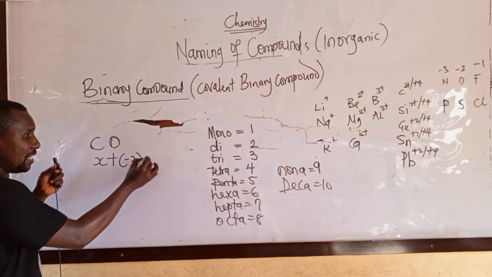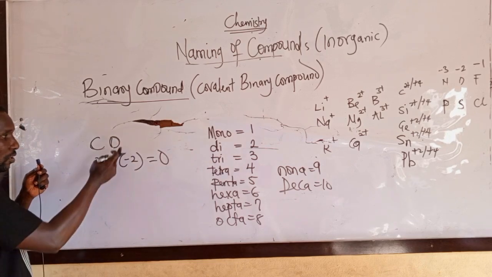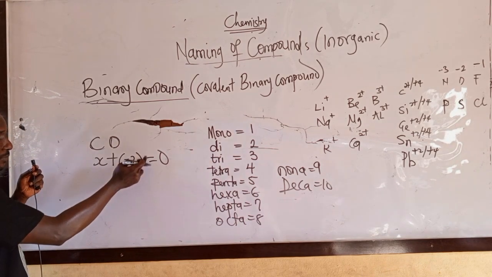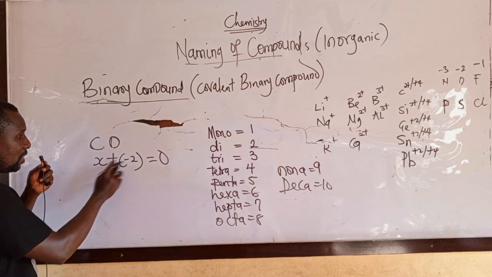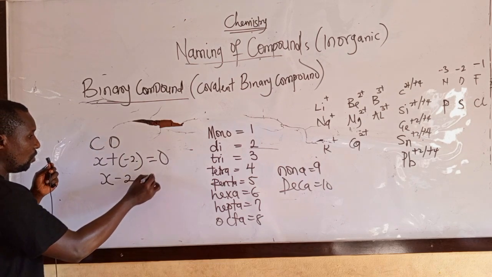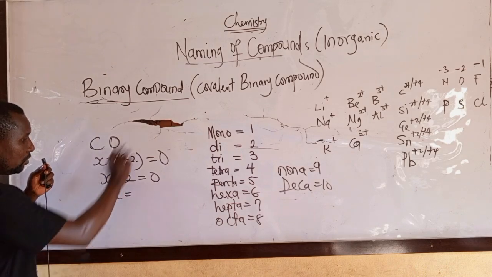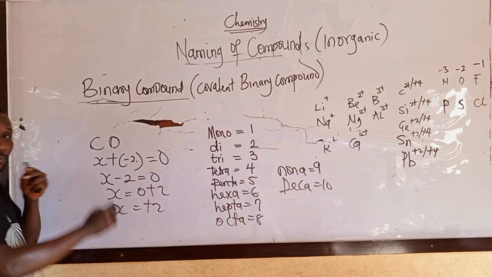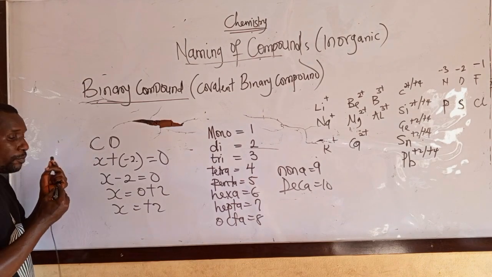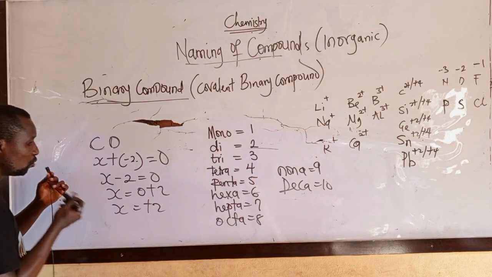There's no need to put everything equal to 0 because I have just one oxygen. Therefore, x plus (-2) equals 0. x equals +2. That means the oxidation number of carbon is +2.